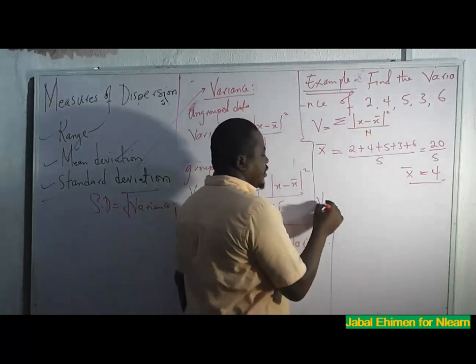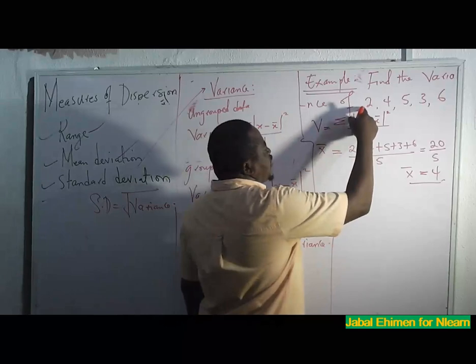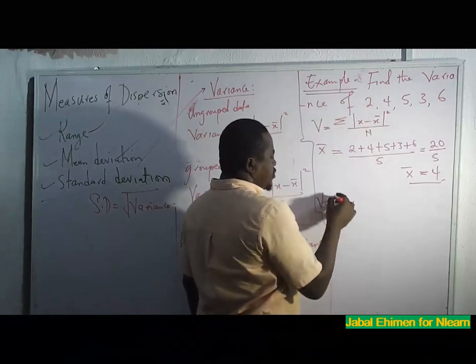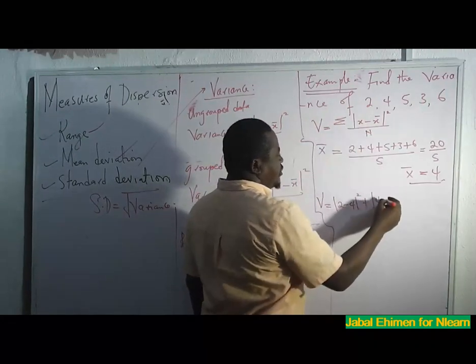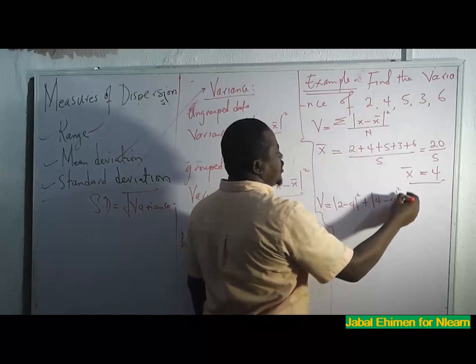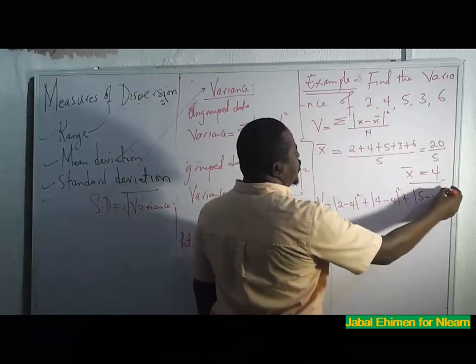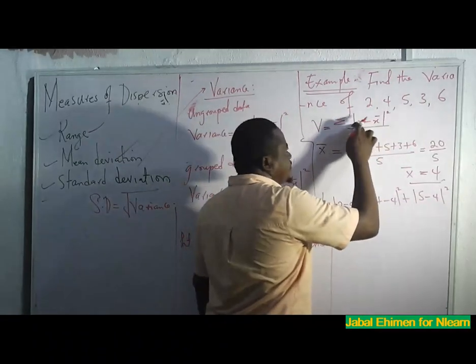So variance now becomes the summation of this. The first value is 2, so you have 2 minus 4 all squared, plus 4 minus 4 all squared. What again? We have 5 minus 4 all squared. The reason is because it's x minus mean.